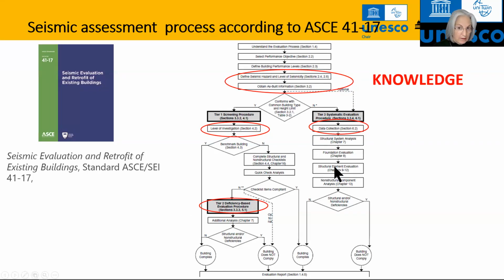Or one can engage in a more systematic evaluation where a proper structural analysis of the overall model is carried out, considering either a pushover analysis or other types of analysis, but at the system level, or an incremental dynamic analysis or a time history-based analysis. But what is important is that even at the tier 3 stage, as you can see, the data collection becomes a major issue again.